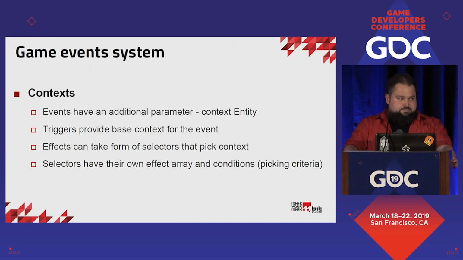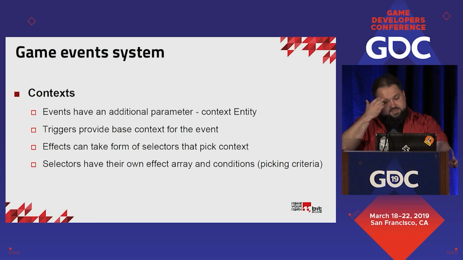So we've got an entity that fired the trigger, but sometimes we need to affect other entities connected somehow by the event. For example, when a new child is born, we want to name that child, but we also want to raise happiness or hope for the family.